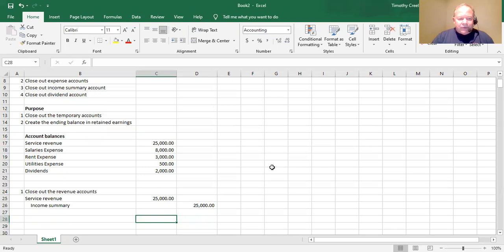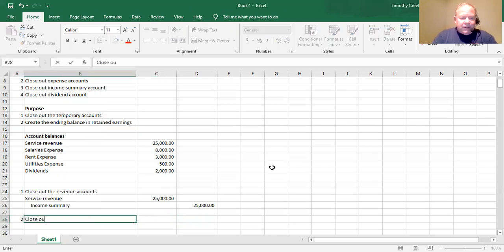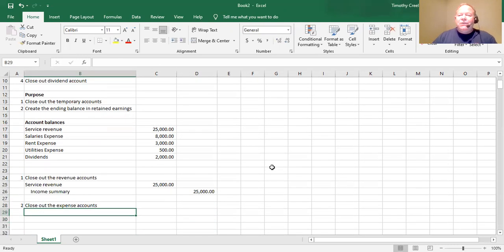Now, step number 2 is you want to close out the expense accounts. Now, expense accounts have a normal debit balance. So if you want to close out an expense account to zero, you need to credit that account. So we're going to start with our debit, which is going to be to income summary.